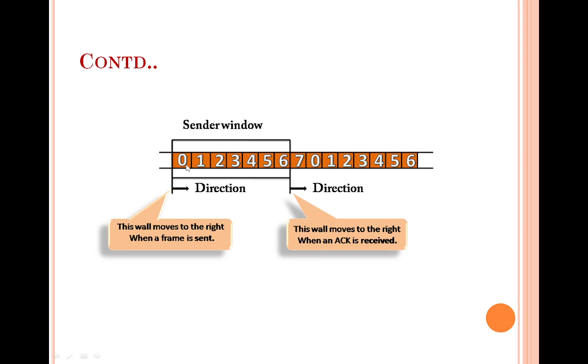If I am sending data frame 0 from the window, it will shrink. At the same time, it is extended one more bit in that direction. This right hand side wall will expand whenever the acknowledgement is received. So that is the sliding window protocol.